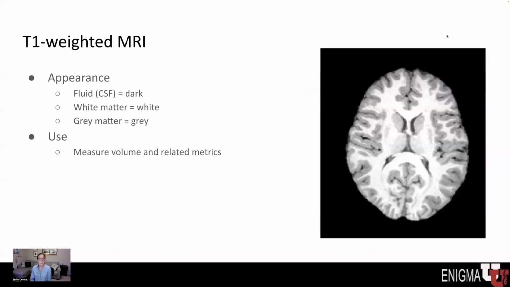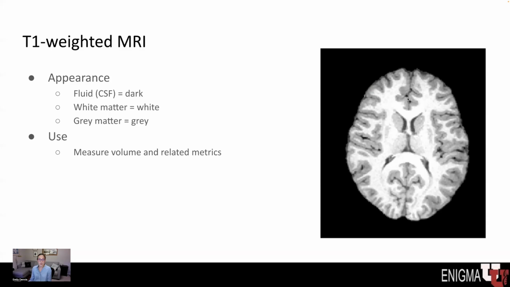Starting off with the basic MRI, T1 weighted MRI. In T1 weighted MRI, you know you're looking at a T1 image when the fluid, like the CSF, is dark, the white matter is white, and the gray matter is gray.